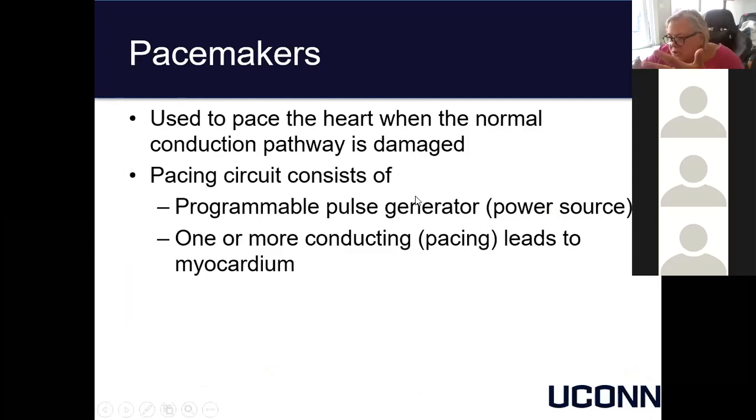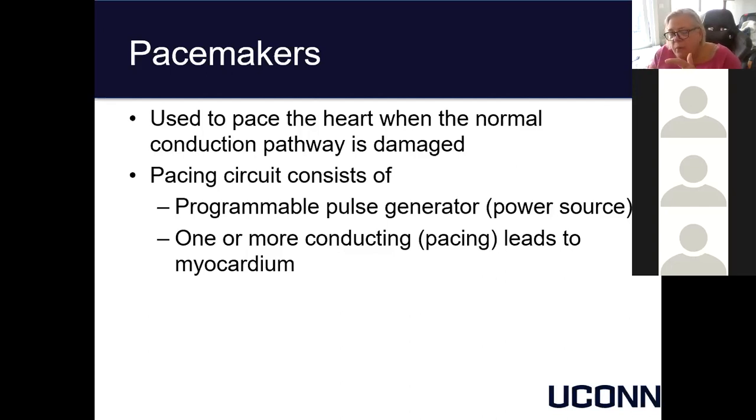Pacemakers. I talked about patients with complete heart block needing a pacemaker. We need to make sure that patients are not sent out with that potential. So again, pacemakers can help maintain a regular rhythm, a sort of a little help to the heart. In most cases now, there are at least 2 leads, one going to the atrium, one going to the ventricle, so that we can synchronize the pacing action between the two.